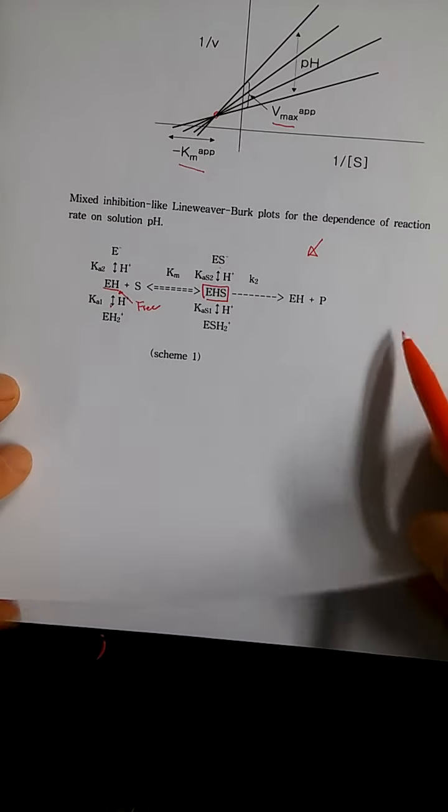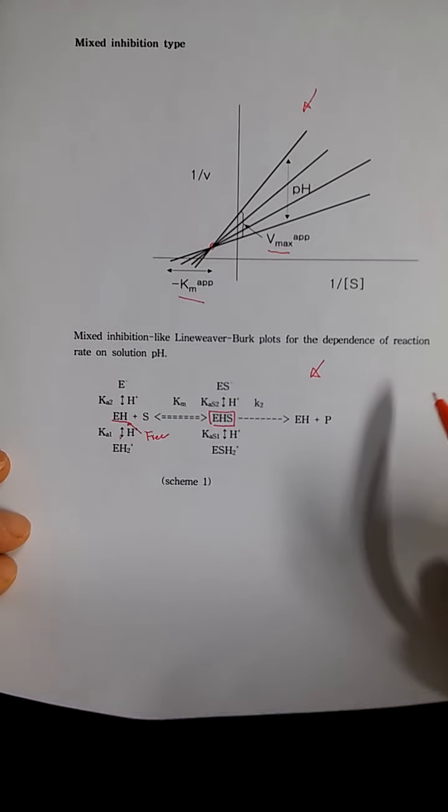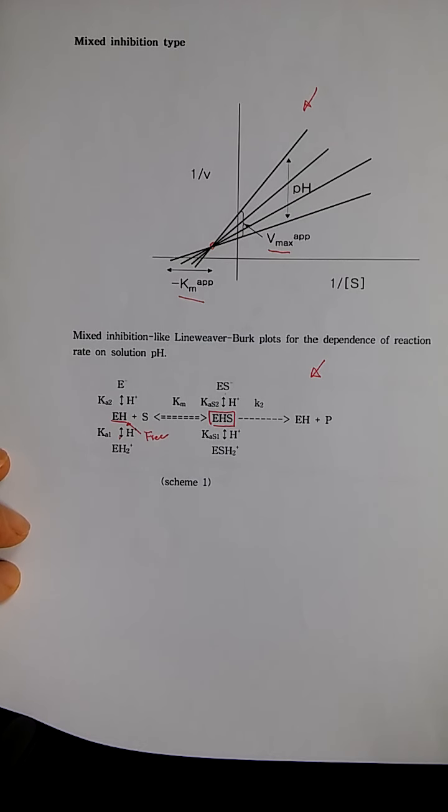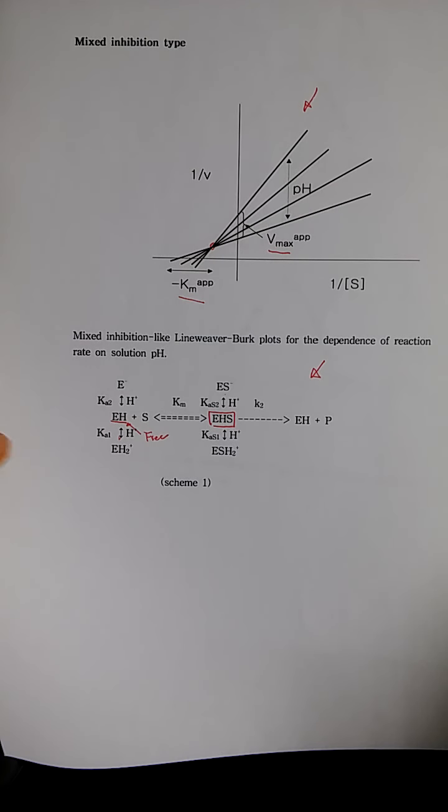Okay, so today we keep learning about the pH effect on enzymatic kinetics and how pH affects the enzyme kinetic parameters Vmax and Km.